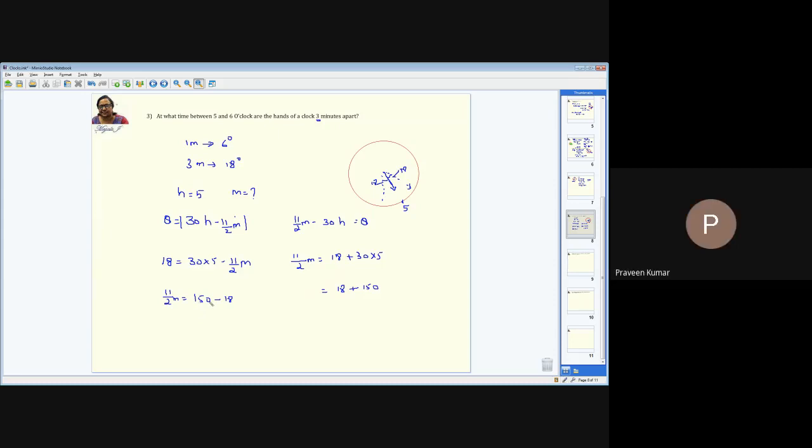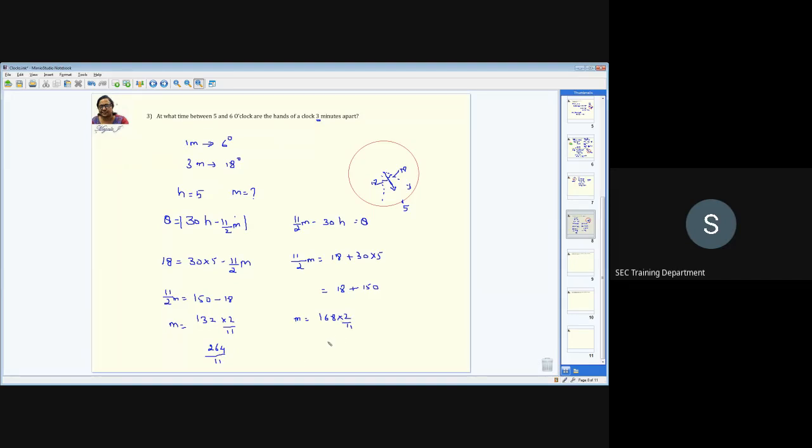So what is this? 132. And bring this one to this side, so this is going to be 2 by 11. That's what is the time. In the other case, it's going to be 168 into 2 by 11. So how do you multiply this? First you multiply this part. This is 264, so it's going to be 264 divided by 11.